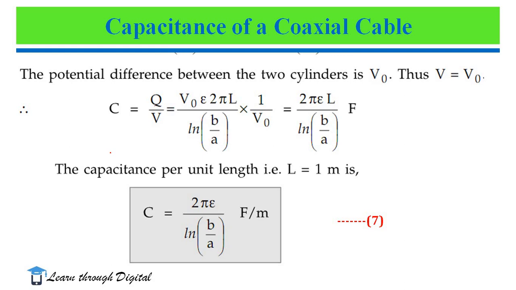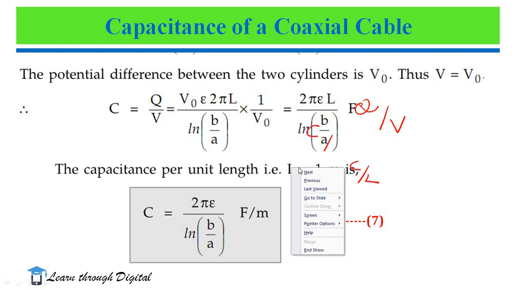So it is now very easy to calculate. We obtained Q. Now we have the expression for Q, and we already have V. From this we can find the capacitance. We just take the ratio of Q by V, and we get the capacitance. So now we can verify the expression C is equal to 2 pi epsilon by ln B by A, the same as with the previous method.